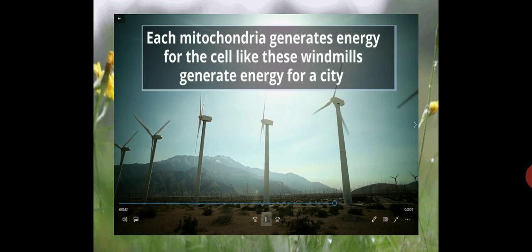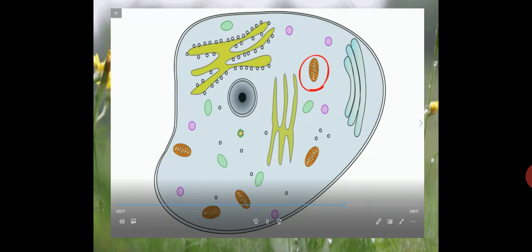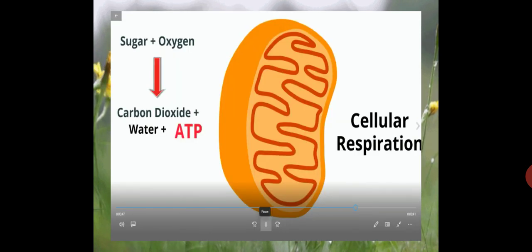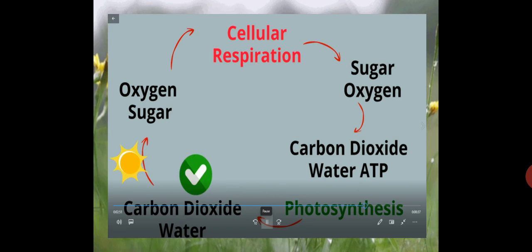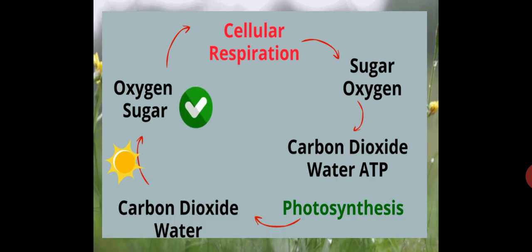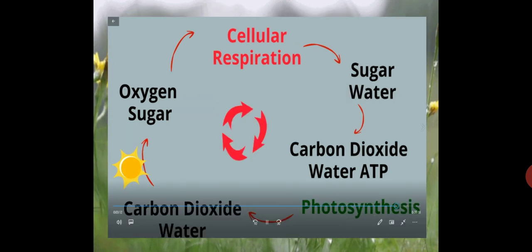So here's how it works in basic terms. At the mitochondria, the sugar combines with oxygen to produce carbon dioxide, water, and energy in the form of ATP. So in summary, photosynthesis takes carbon dioxide and water, plus sunlight to create oxygen, and sugar, which is exactly what cellular respiration needs. Cellular respiration takes the sugar and oxygen to create carbon dioxide and water, plus ATP, which helps with photosynthesis. And this cycle repeats over and over again.